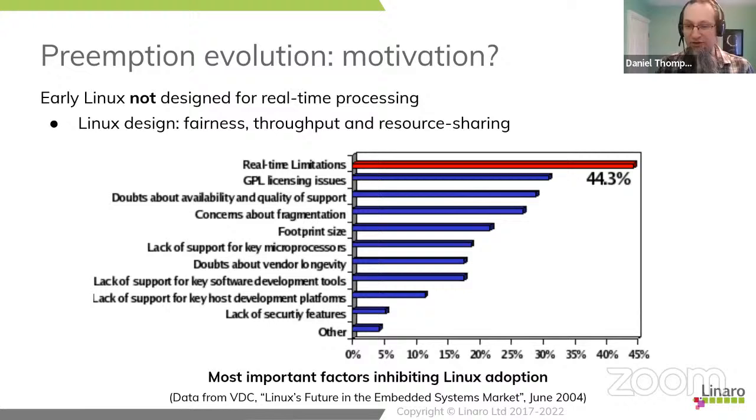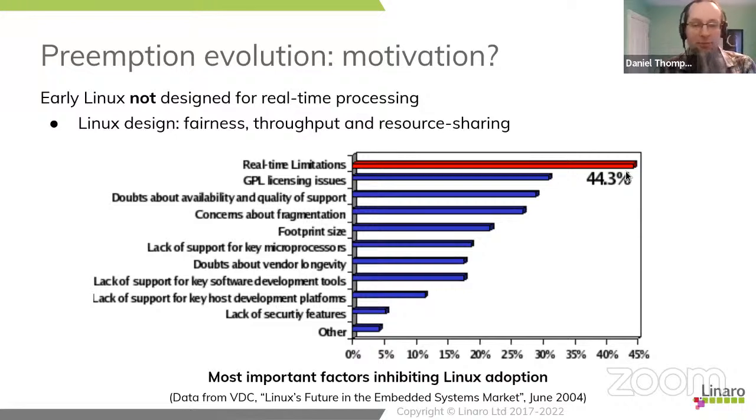Motivation for this. This is an interesting slide. It dates back a very, very long time to the kind of early history of preemption. It was asking about one of the things that inhibited Linux adoption back in the sort of 2004 window. At that time, obviously, things like the GPL licensing issue, big companies weren't comfortable with GPL at that point in time, which has been mitigated over time. There were bits of FUD and so on about quality of support, quality of implementation, and so on. But the biggest thing that was holding people back at that point was real time.